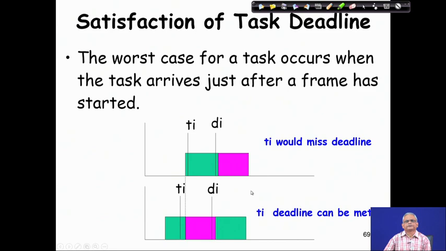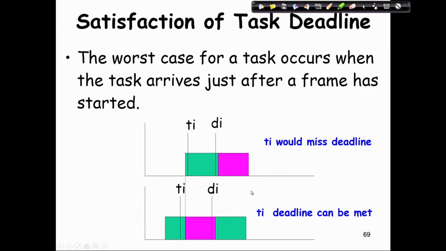So, now our design problem is how to decide which is the minimum size of the frame, which is the maximum size of the frame that we must choose based on this constraint, that there must be a clear frame which must exist between the release of a task instance and its deadline.